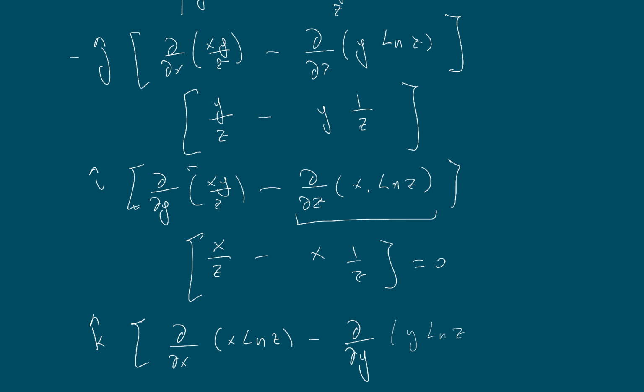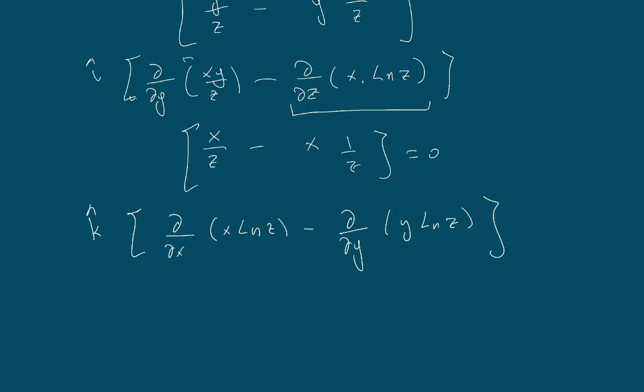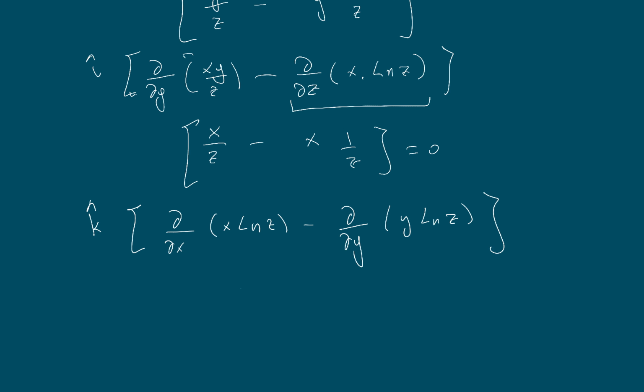And if this is 0, we are done. The derivative with respect to x of y natural log of z is natural log of z, and the derivative with respect to y of x natural log of z is natural log of z. So this is 0, so the field is conservative. Let's go to the next one.